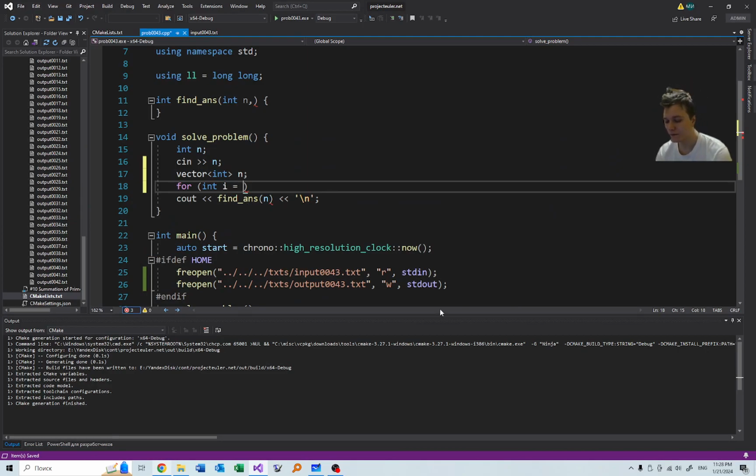So I is from 0 to, so we need to read 3 numbers.